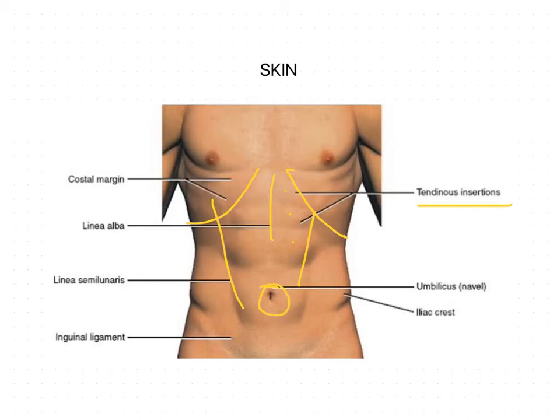The umbilicus is the normal scar in the anterior abdominal wall formed by the remnants of the root of the umbilical cord. So after birth, after removal of the umbilical cord, you can find a scar-like structure. That scar is called the umbilicus. It is also called the navel.